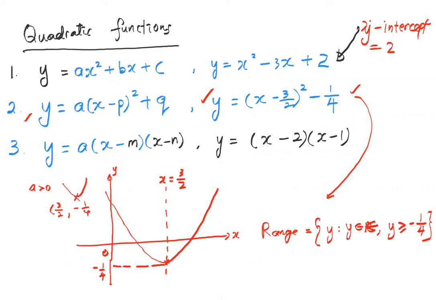I did completing the square just now. Hello? Are you clear? Okay, then what is so good about part 3? I can know the x-intercepts straight away. That is 1 and 2.